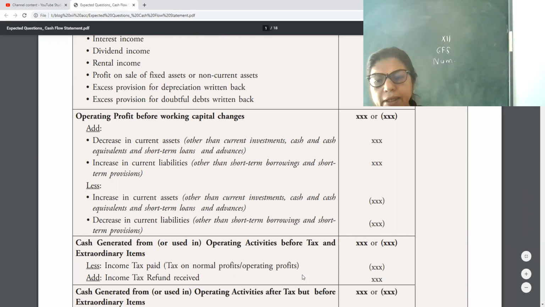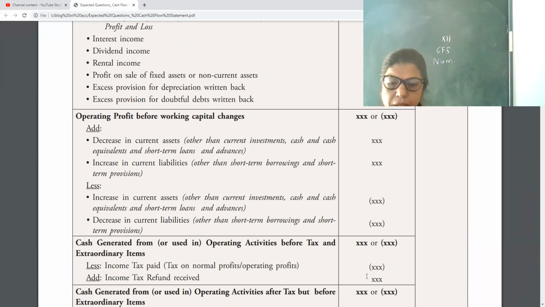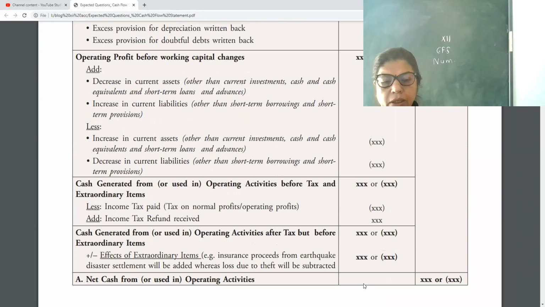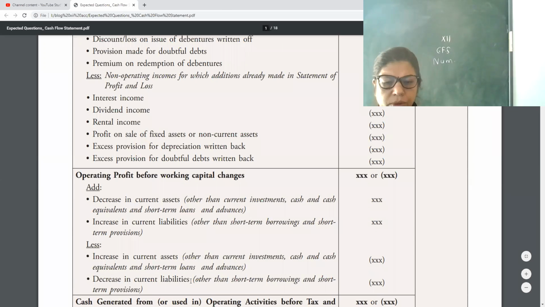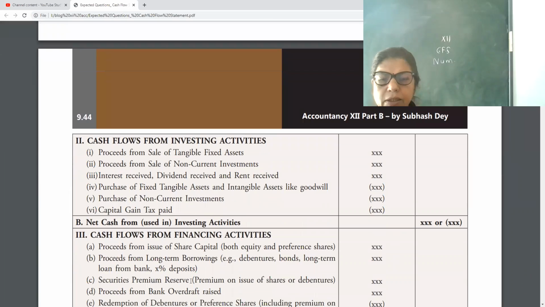And if we paid income tax of the previous year, then that will be cash generated from operating activities, or if that is negative, you will write cash used in operating activities. The second activity is investing activity, which is related to non-current assets, tangible and investments.